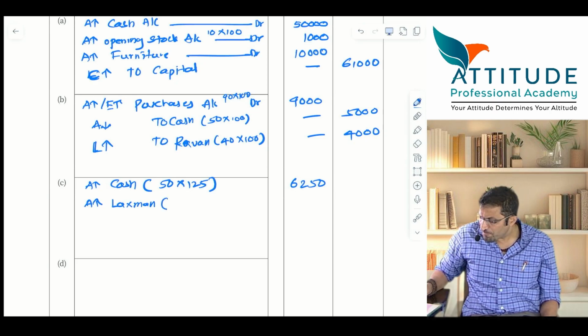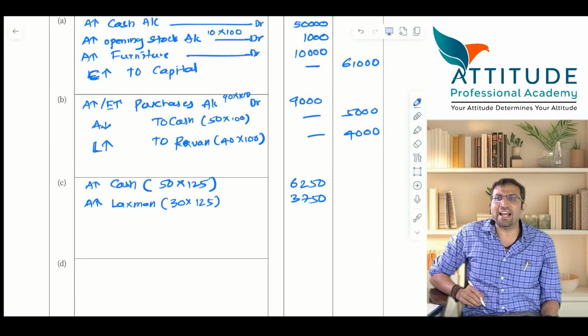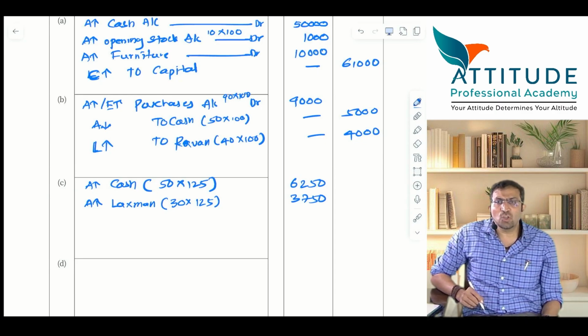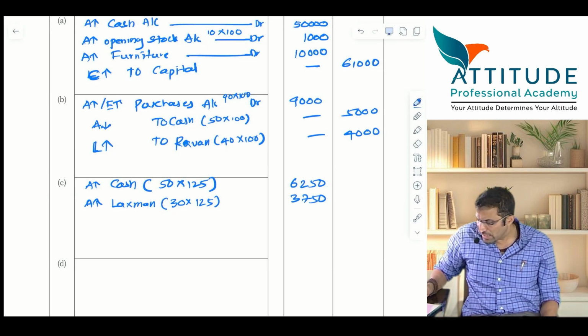Is that clear? Lakshman account debit. How much? 30 into 125, which is how much? 3750. All of you are there? Is that clear? Now, what did he give in this? Shirts, that is goods. Goods will take color, which color? Sales. Sales account credit.